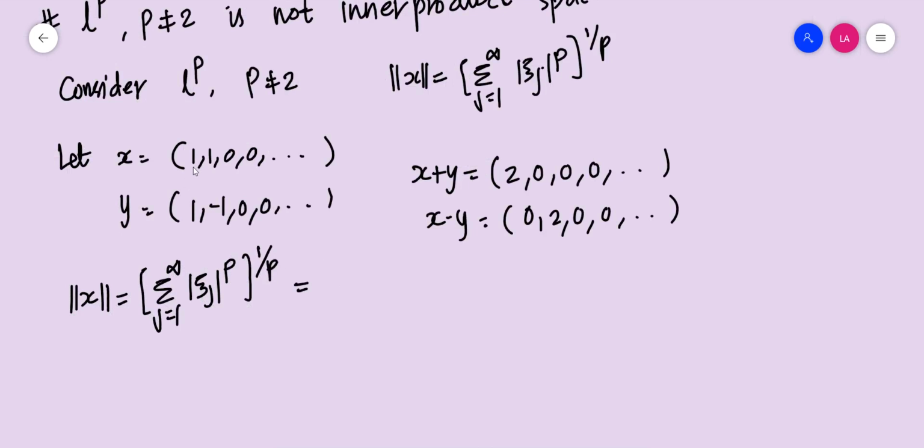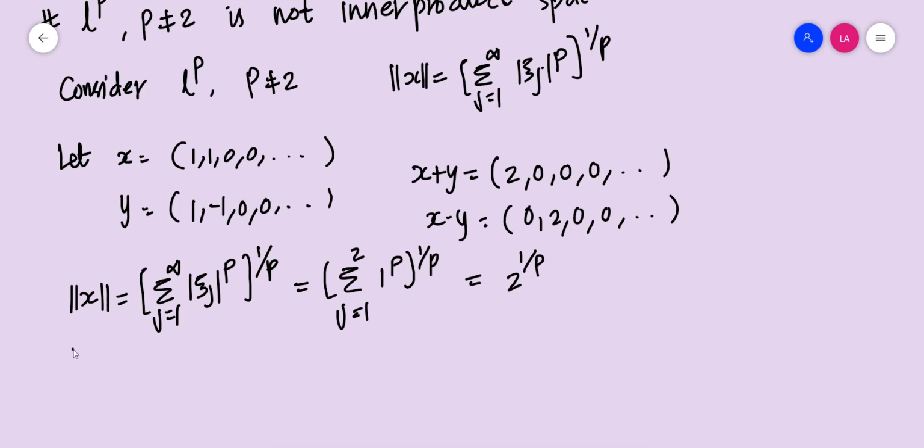We do not need to go up to infinity, we only need up to 2 because all other terms are 0, and 0 raised to p is always 0. So this is 1 raised to p plus 1 raised to p, the whole raised to 1 by p, which is actually 2 raised to 1 by p.